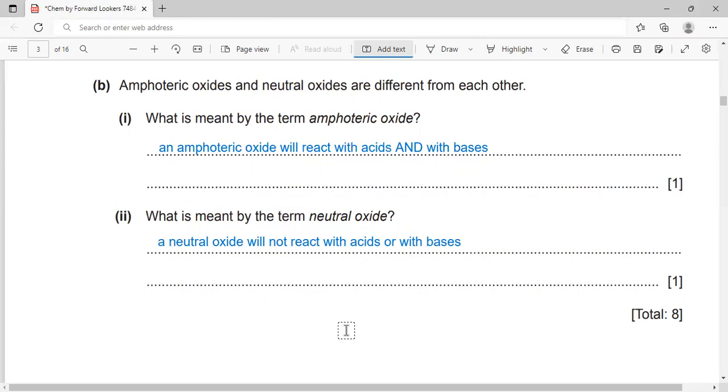It's very important for you to know how to classify your oxides. Don't enter the exam without knowing these things. We have acidic oxides, basic oxides, amphoteric oxides and neutral oxides, four of them. We just need to know the examples and how to classify them.